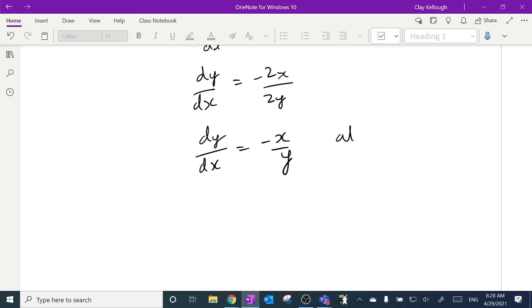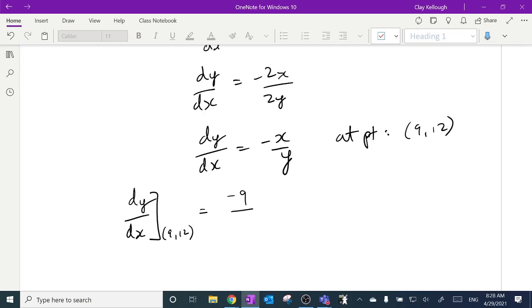If I have to do this at the point (-9, 12), then I'm doing dy/dx at the point (-9, 12), which means x will be negative 9, y will be 12, and I get the same slope that I got yesterday from the much bigger looking version of the slope, or at least much more complicated function representation of the slope. Implicitly defined, it actually worked out to be way easier to work with.